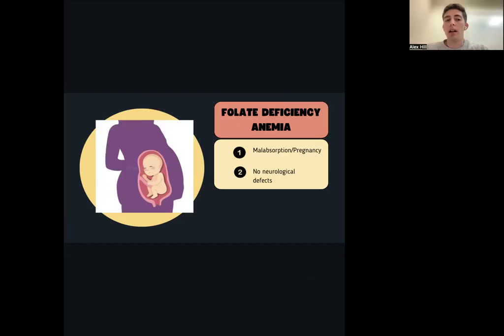Their baby is developing and needs that folate, so they need to increase their intake. It can cause neural tube defects in babies. So if you are trying to have a baby, then you should be taking folate supplements. And there are no neurological defects like pernicious anemia.